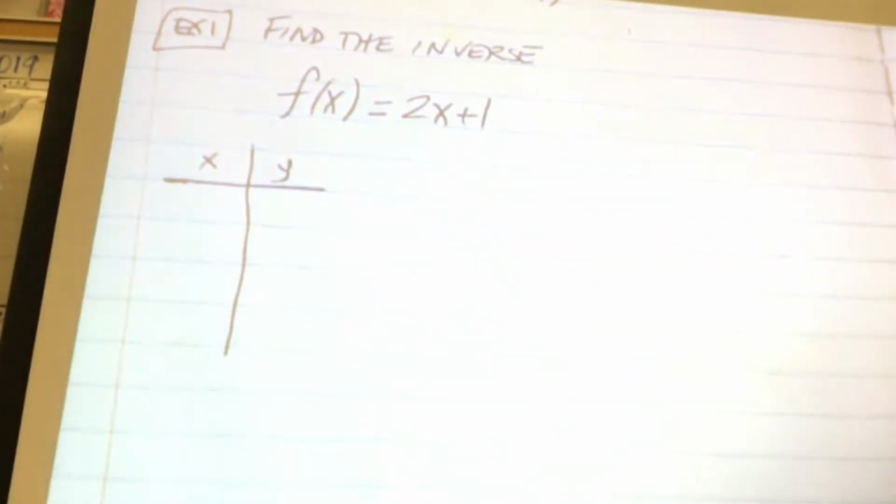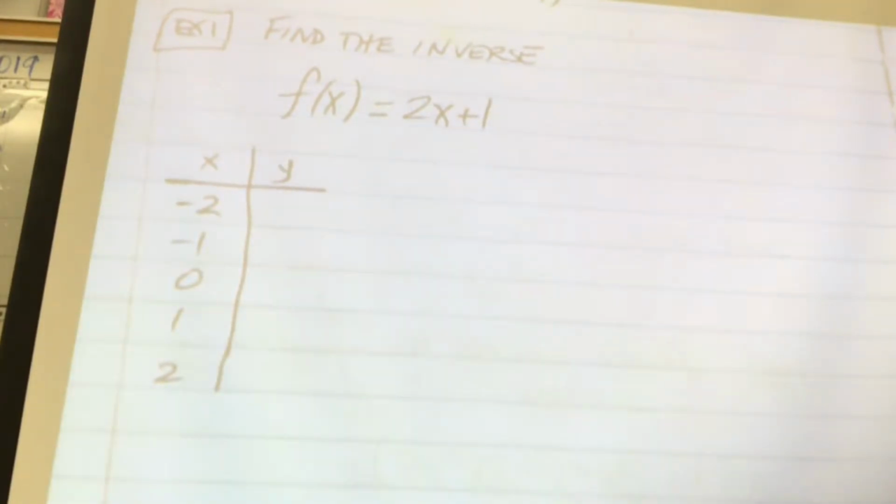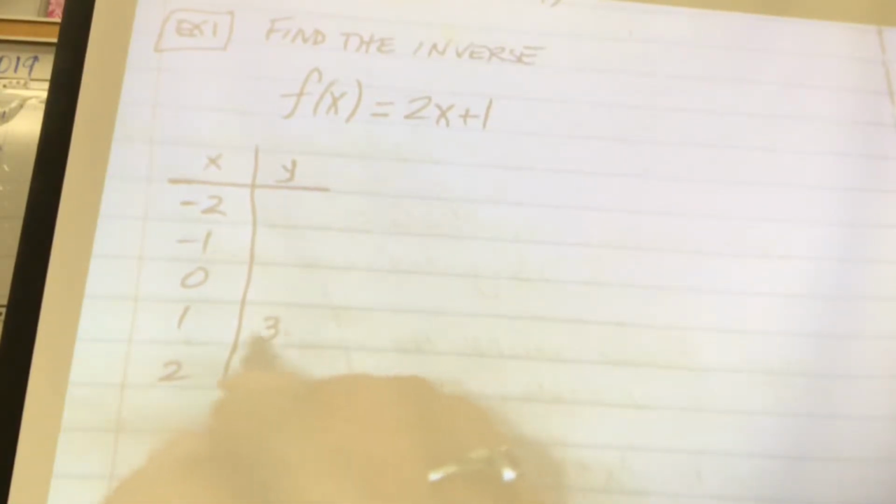So I know that the actual function is going to have some points, and then the inverse is going to have the switched points. Is that better? Okay. So if I plug in -2, -1, 0, 1, and 2: if I plug in 2, that's going to be 5. If I plug in 1, that's going to be 3.